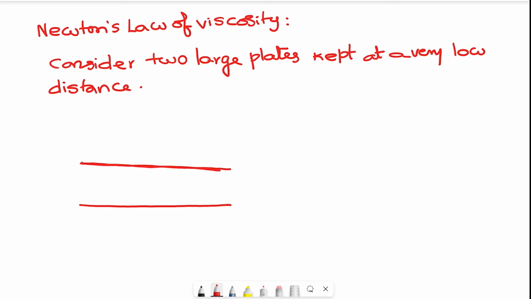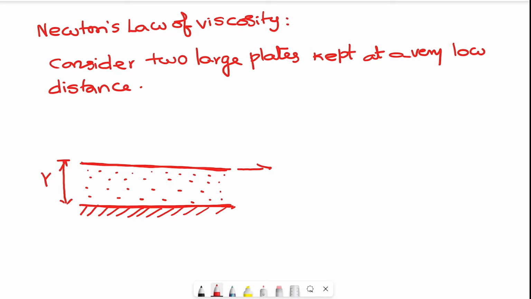So there are two plates separated by a very short distance. The bottom plate is fixed, whereas the space between these two plates is filled with an oil of viscosity mu. The distance between the two plates is y.